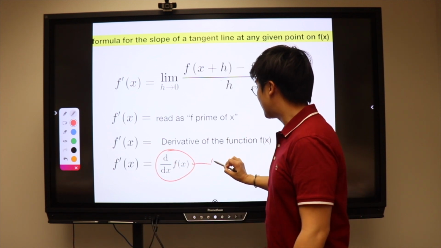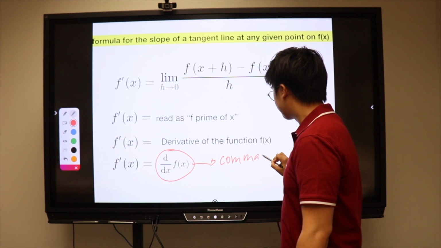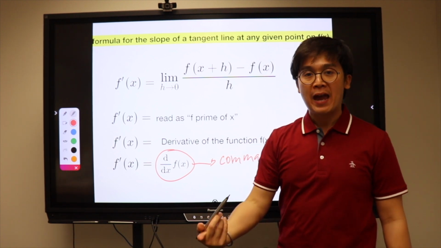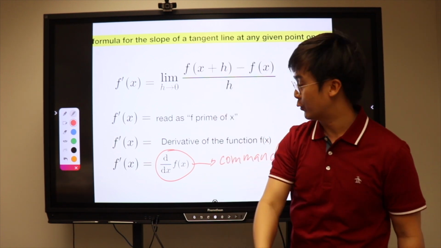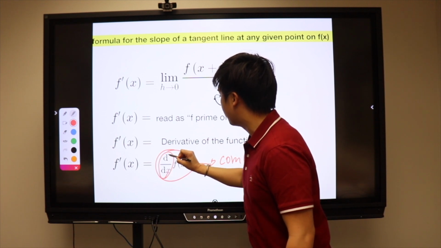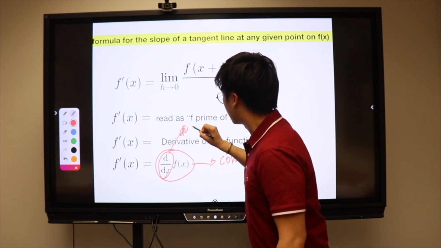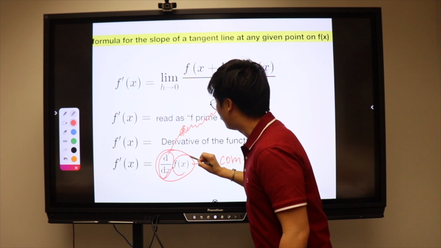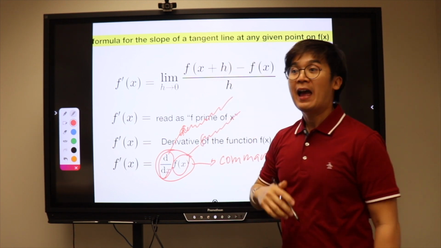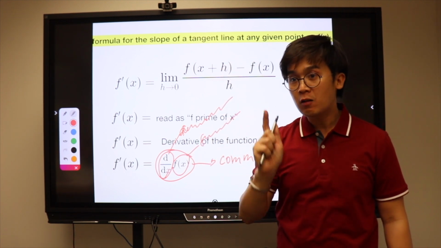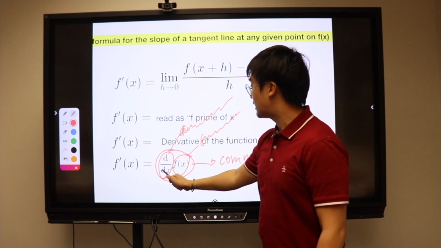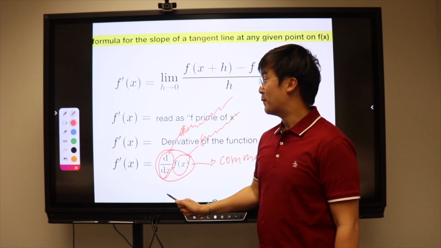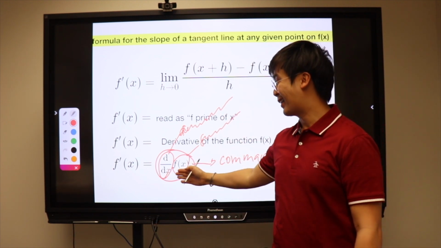This symbol is a command. It's a command that is basically asking you to take the derivative of the function. It's a command that's telling you to take the derivative of f of x, but instead of writing it in words, we write it in symbol.